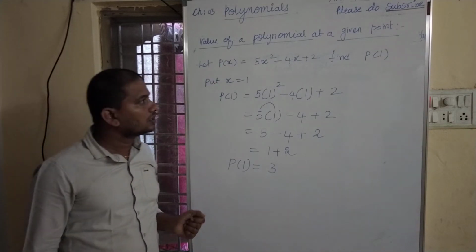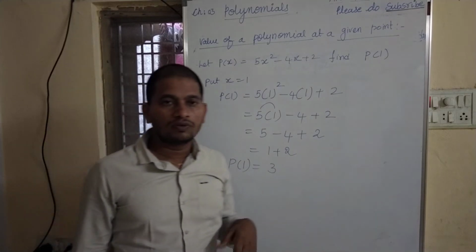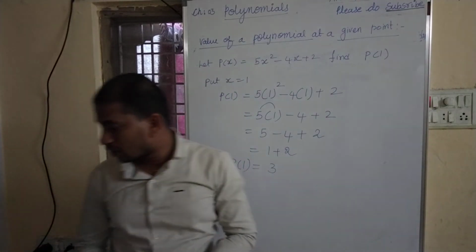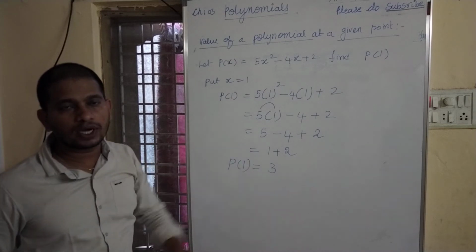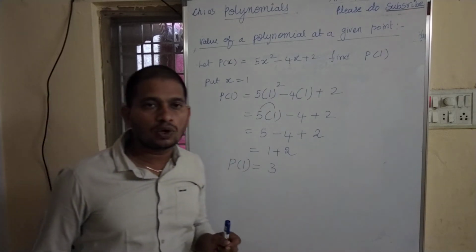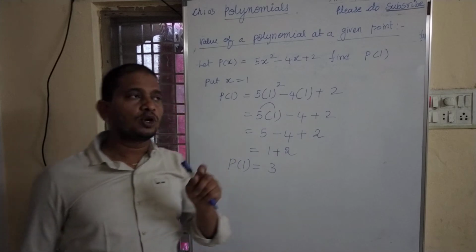And also, we can find zeros of a polynomial. How to find? This was the value of the polynomial at a given point. Now, let us find out what is the zero of the polynomial.